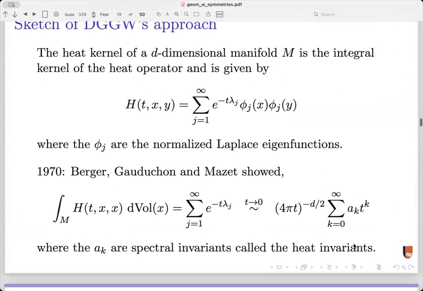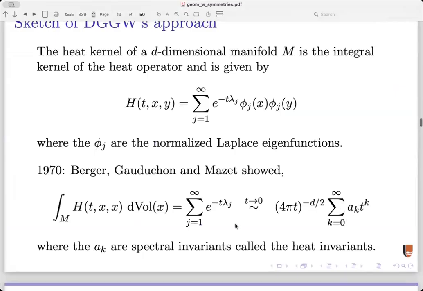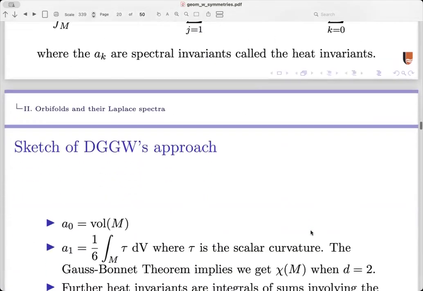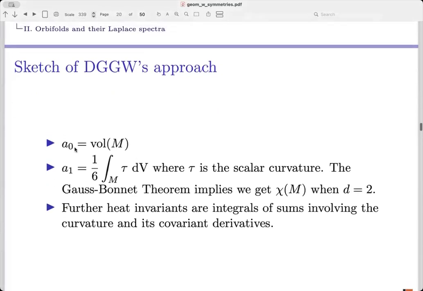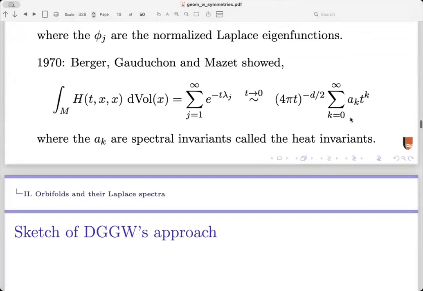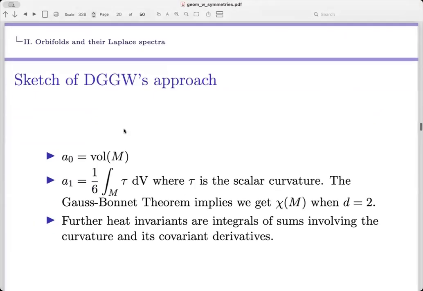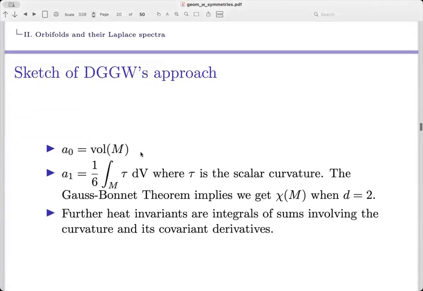And the idea is, I should say, that the heat invariants are things that we can read off from the spectrum, because the sum depends on the eigenvalues. The Laplace spectrum lets us access the heat invariants as well as the dimension of our manifold. The first heat invariant, A0, sorry about scrolling back and forth. When k is equal to 0, we get a t to the 0 here, we get an A0, so that's our first one. The first heat invariant is the volume of the manifold. I guess it's the 0th heat invariant.